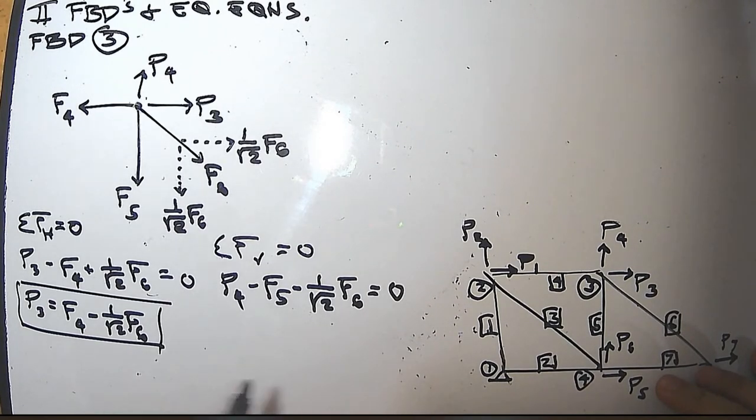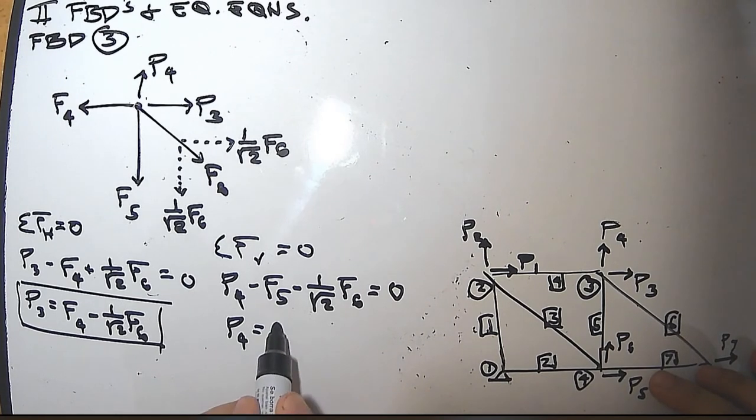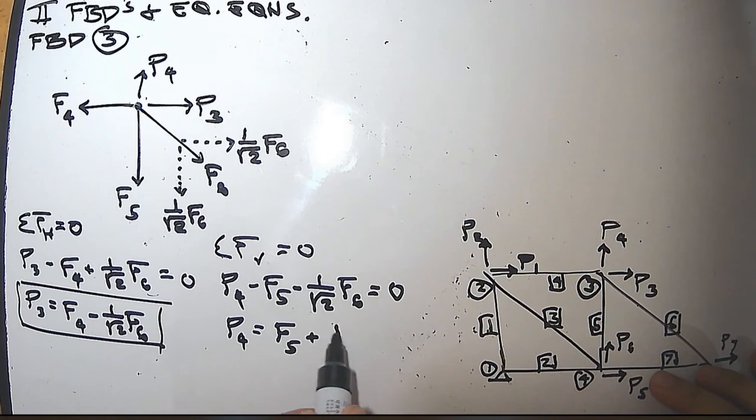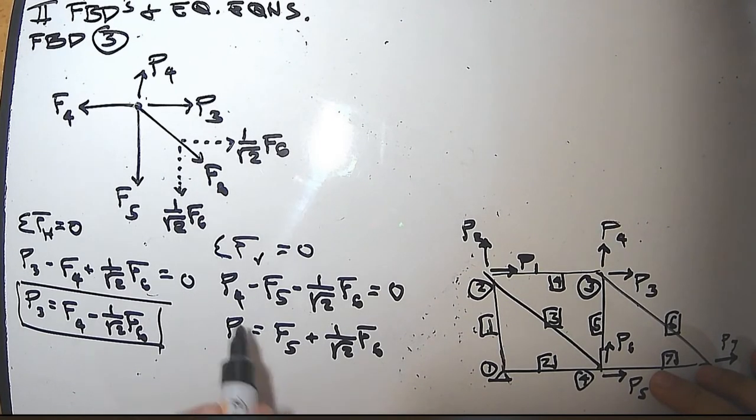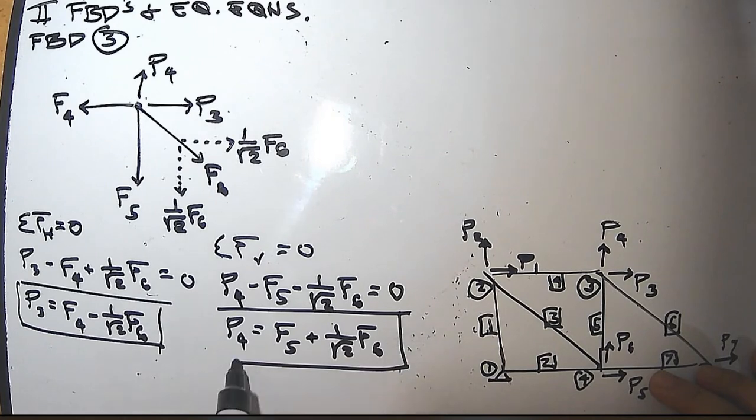We isolate your P forces on your left, and then your F forces on your right. So, this becomes now F5 plus 1 all over square root of 2 F6. Yan ang kailangan natin.